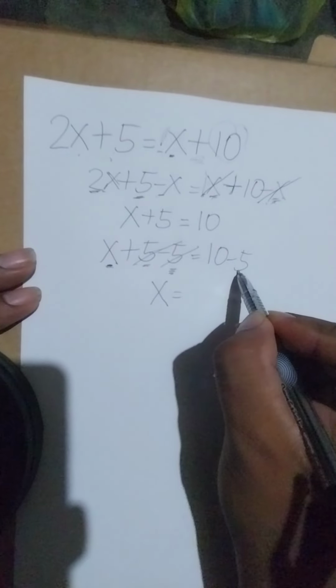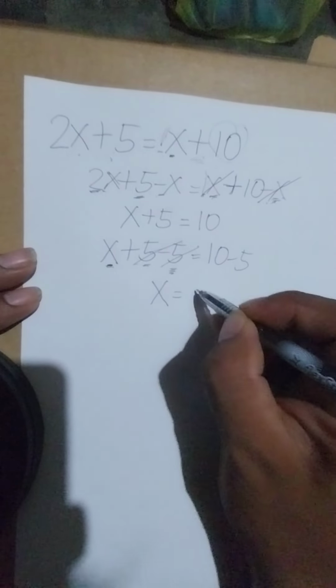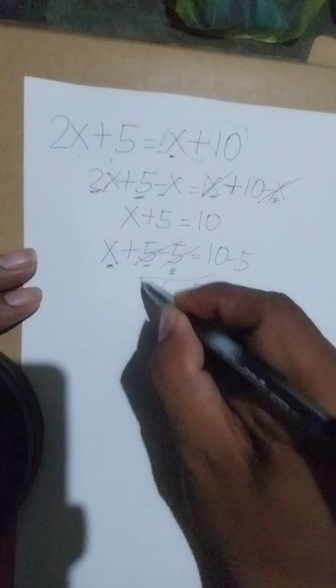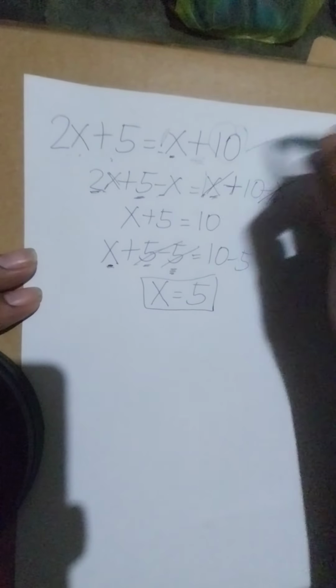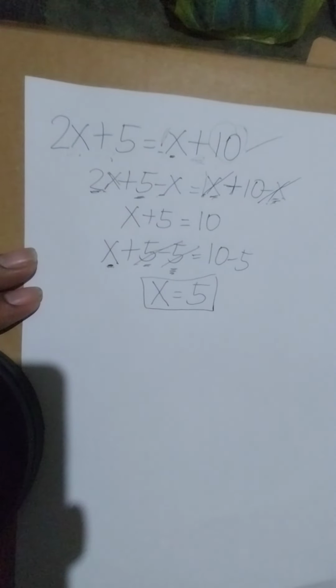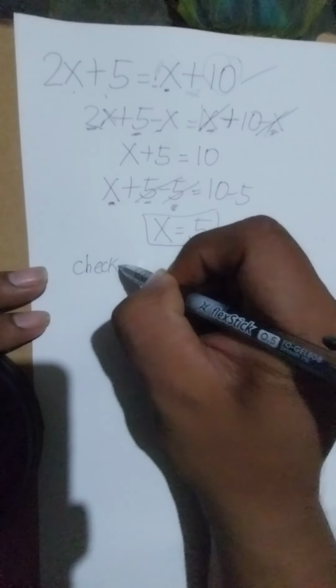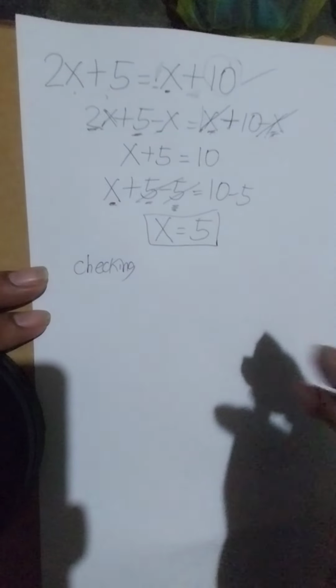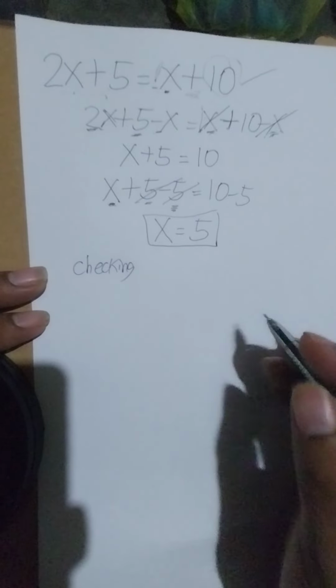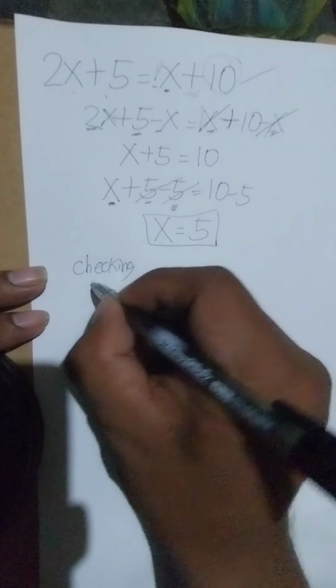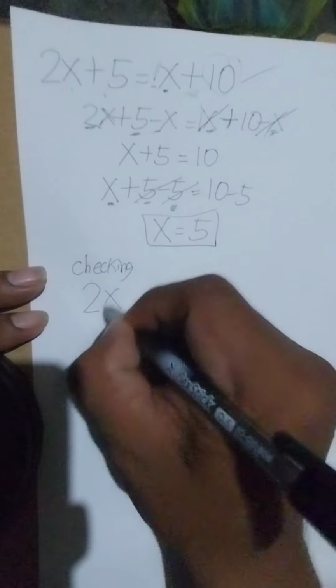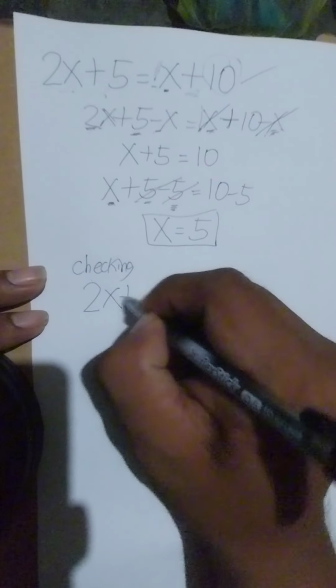So 10 minus 5, 5. So basically, this is the correct answer for this problem. Okay? You're not satisfied yet? So let's try to check. Okay? Let's try to check this one. Checking tayo ngayon. Kung tama ba yung 5 na ginawa natin. Tama ba yung 5? Okay. So just copy muna para hindi tayo malito.